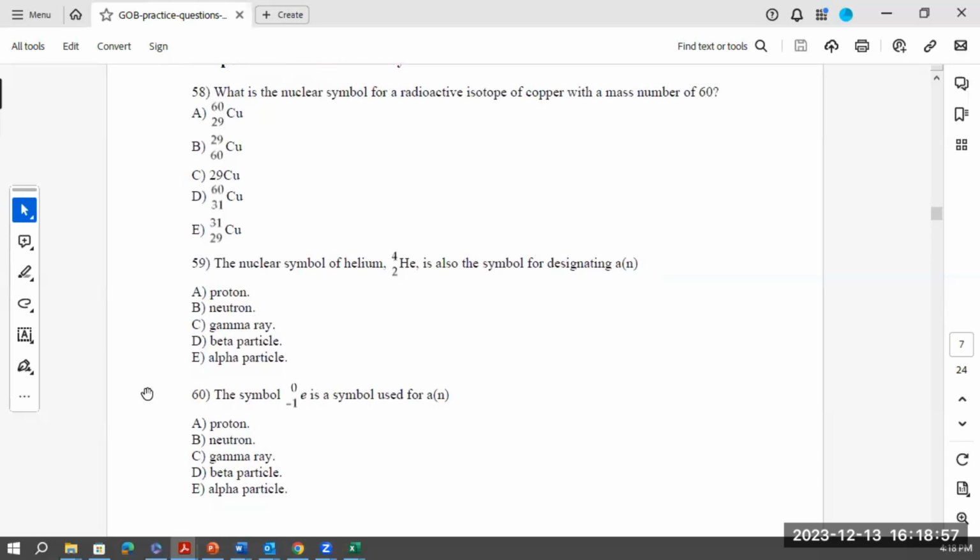And the reason it's considered to be an alpha particle is because it represents a positive charge and everything like that. It's just the nuclear component. It's not the whole thing, it's just the nuclear. So it's just that positive.